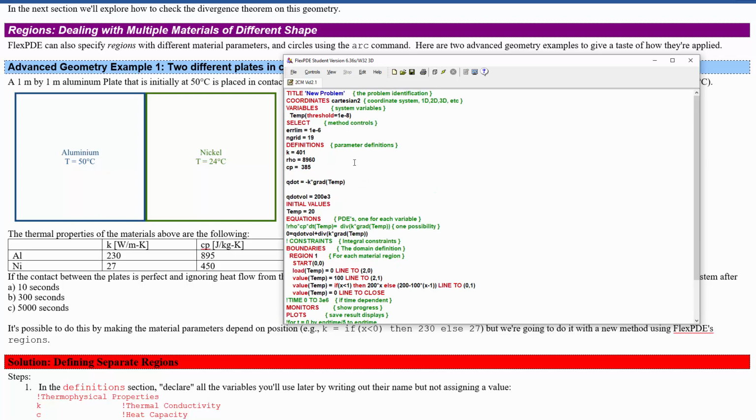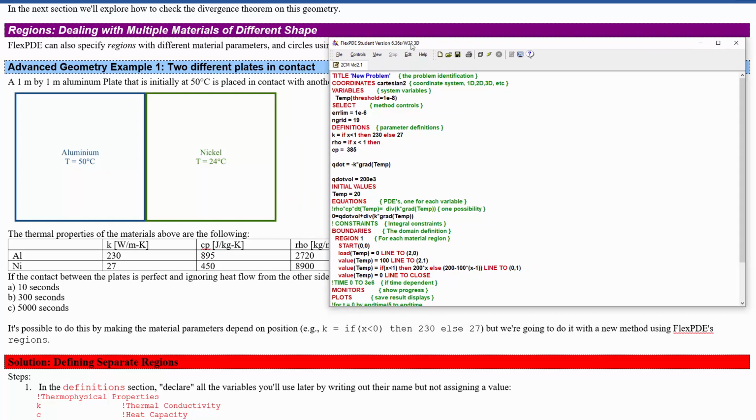One, you can make the constants functions of position. So we can say K is equal to, if X is less than 1, then 230, else 8, else 27. For the nickel, rho is, if X is less than 1, then, we're going to need rho on here.